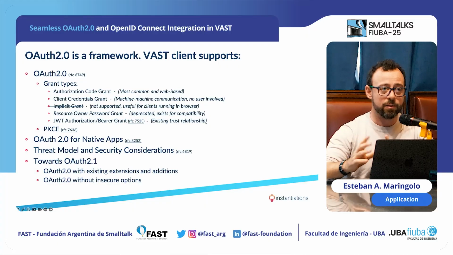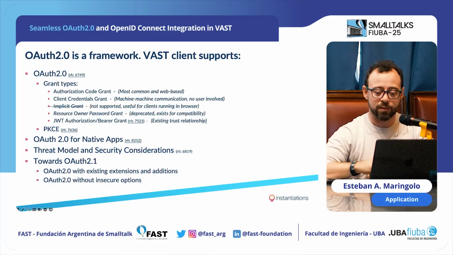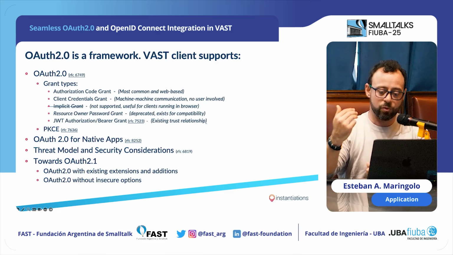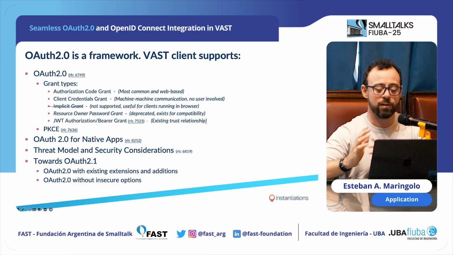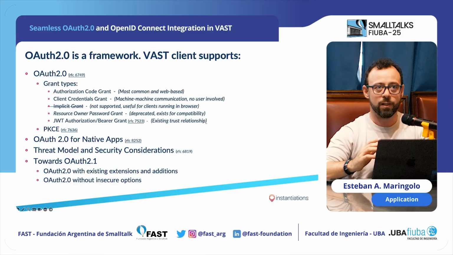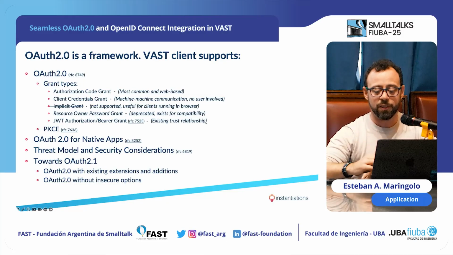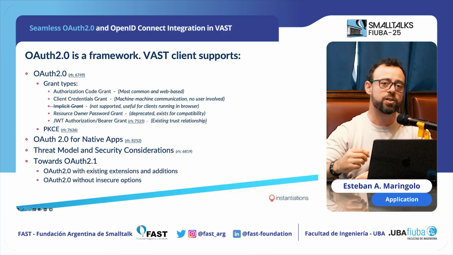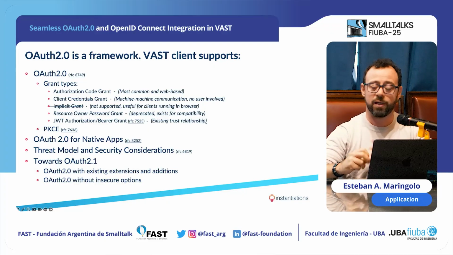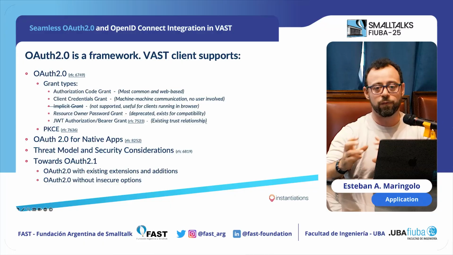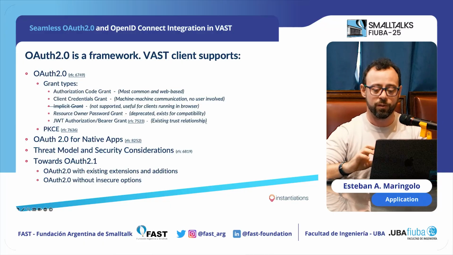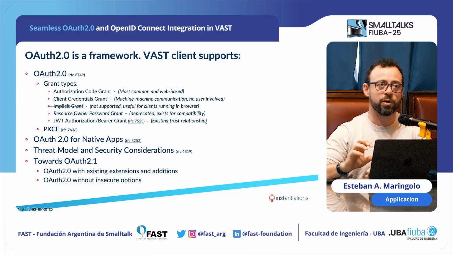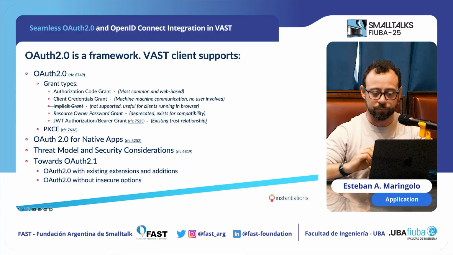And beyond the basics, which is like using a string as a single authorization token, we also support modern extensions like PKCE, which is proof key for code exchange. This is used when you cannot save the credentials in your client applications, like if you're using a mobile phone or a web application, or anywhere where you cannot trust that the secret won't be leaked.